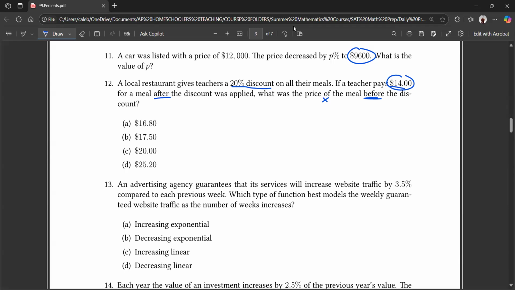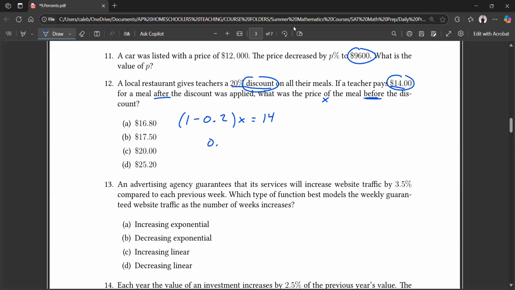And I know that if I take a 20% decrease of it, so I'll take my 100% or 1, and I am decreasing because it's a discount of 20% of the price of the meal. Okay, so I've decreased it by this amount. I know that that should spit out the value 14.